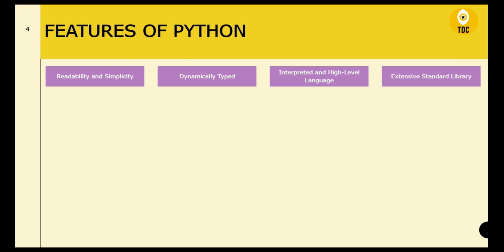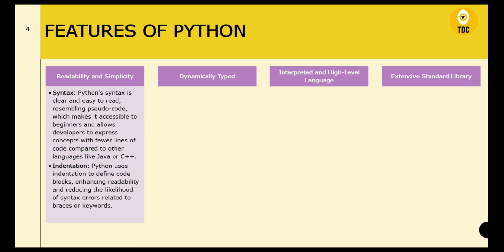So the first is readability and simplicity, right? If you take the example of Python and compare that with Java, C, C++, Python syntax is more clear and easy to understand from the programming perspective, and it actually resembles pseudocode.